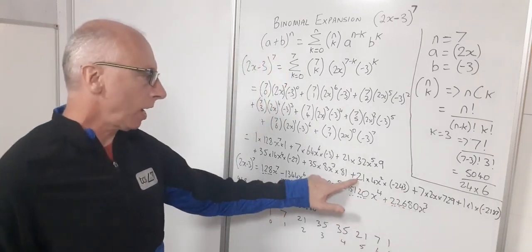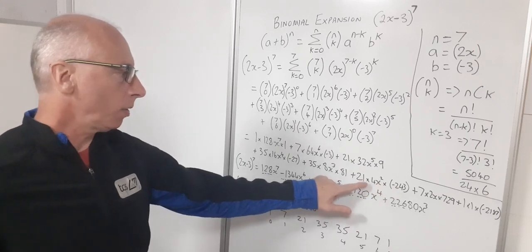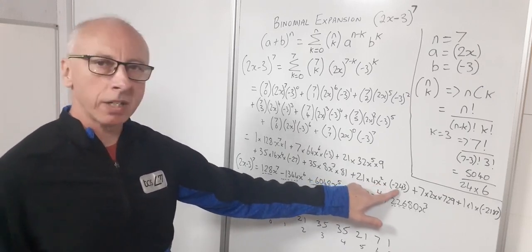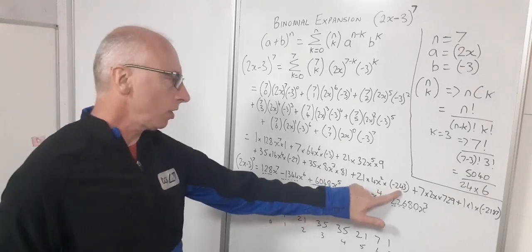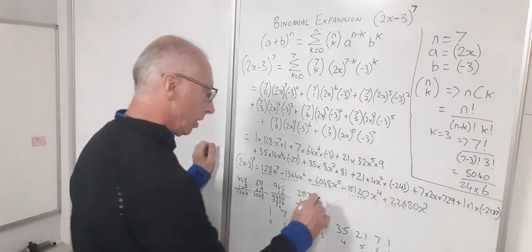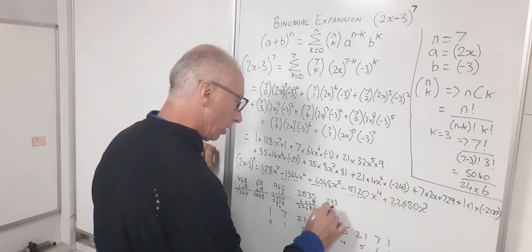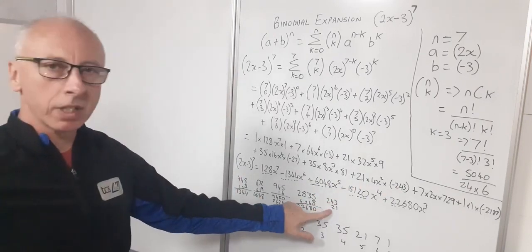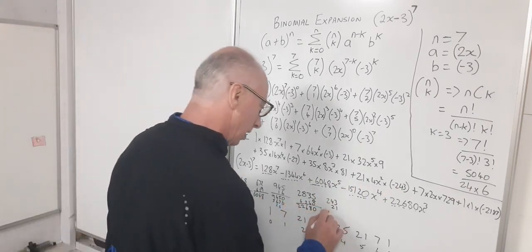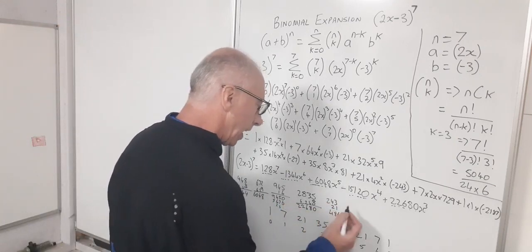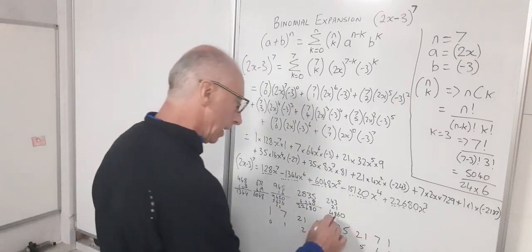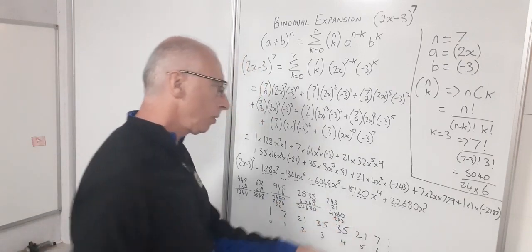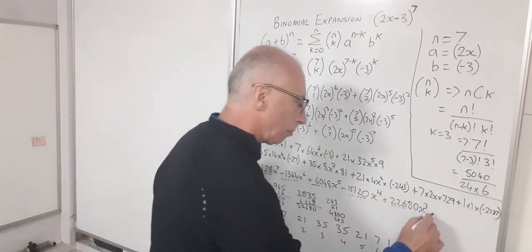Now what about x squared? We got this one here. 21 times 4 times minus 243. Right, that's a bit of a challenge. Let's do 243 times 21. So 243 times 2 is 486. And add a 0 on the end for 20, that's 4860. Then add 243 to that. Now note that this is a minus sign, so we want a minus.